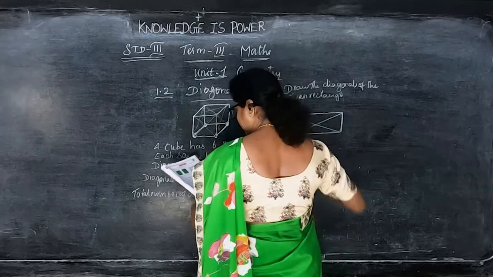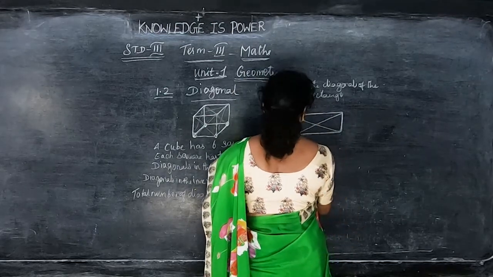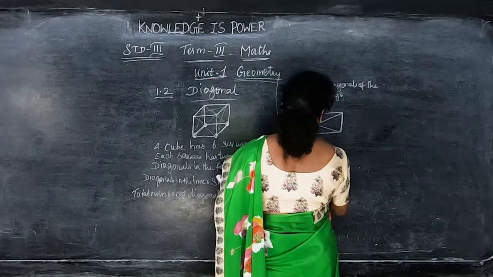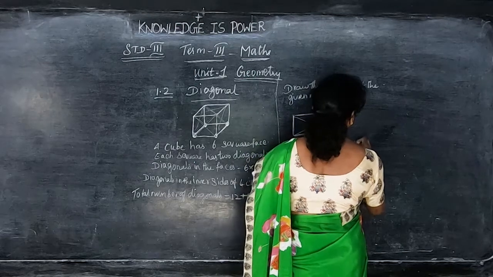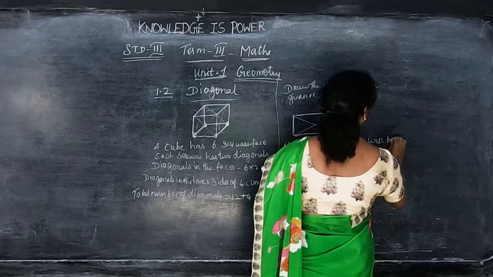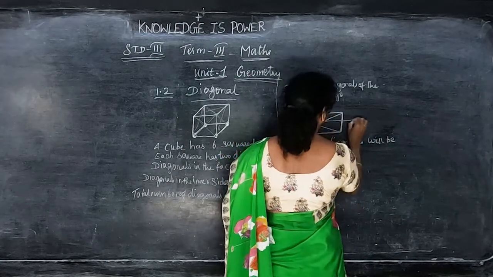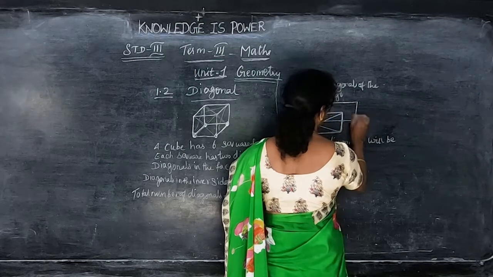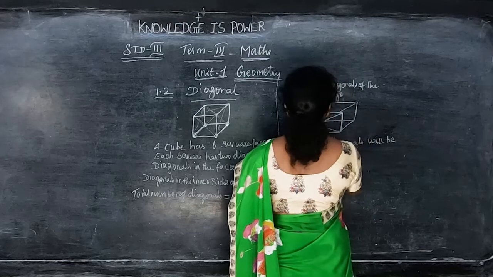So how much will you get? We can get here 16 diagonals. How many diagonals will be there? 16 diagonals. So if it is a cuboid, it will come like this. So when a cuboid has rectangle shapes, you will get the 16 diagonals.